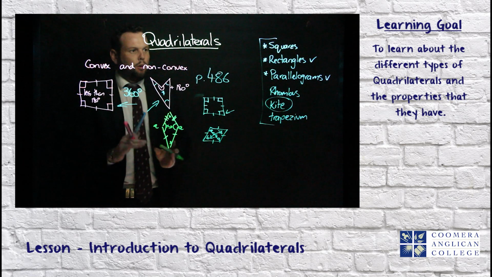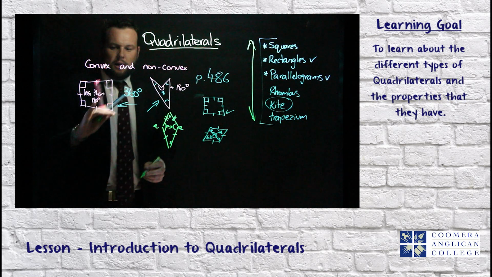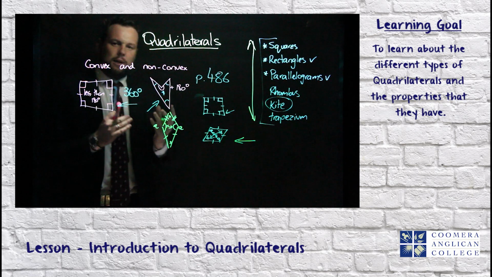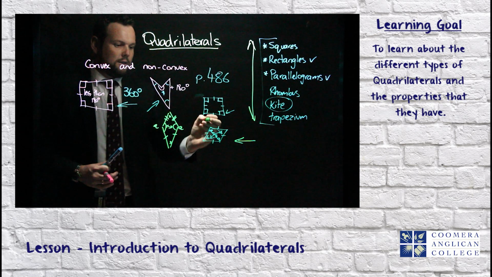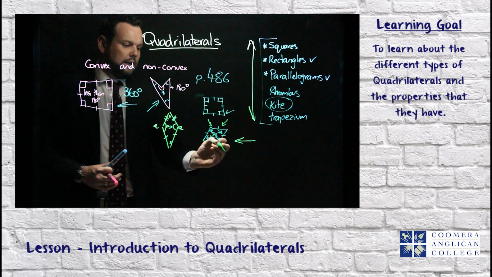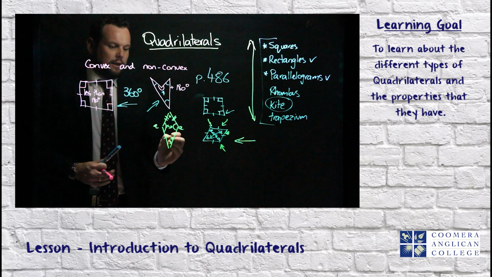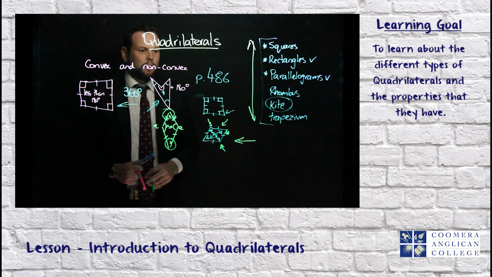So there are some special properties with these types of quadrilaterals that help us work these out. For instance, if I had a rhombus, think of how many angles I would actually need to know in order to find the other 3 angles. You would only need to know 1. So if I knew 1 angle in here, I could find the other 3. With a kite, I'd need to know these 2 in order to find A as well, okay?